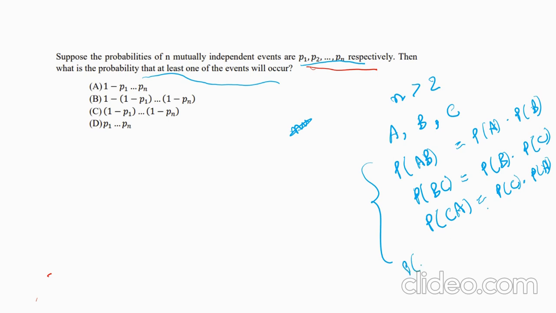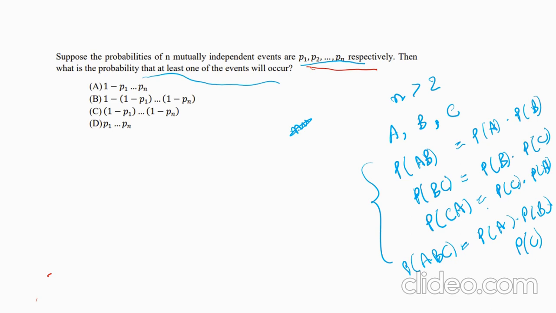Now if we add one more condition, P(ABC) equal to P(A) into P(B) into P(C), then it will be mutually independent. If we have more events, then we have that many more equations for mutually independent. For pairwise independent, we just take the pairs.